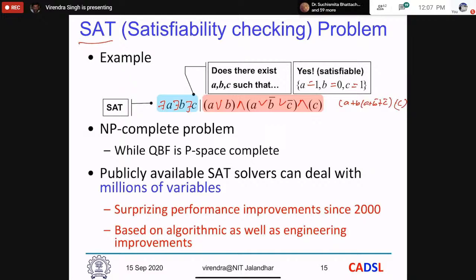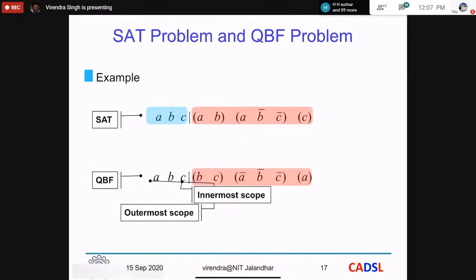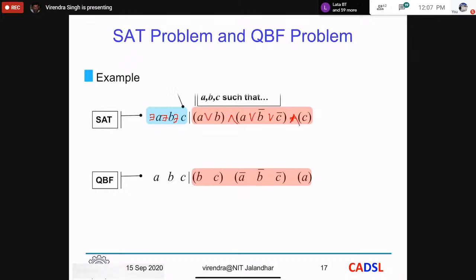Now the other problem is QBF. So this SAT problem that we have already discussed, I want this A or B, and A or B bar or C bar, and C, and I want that there exists some value of A, B, and C so that this can be solved.